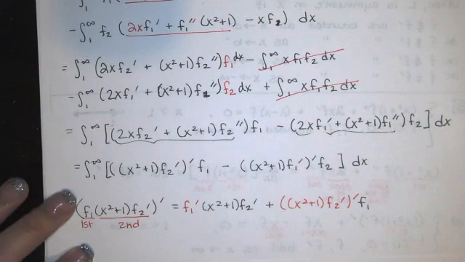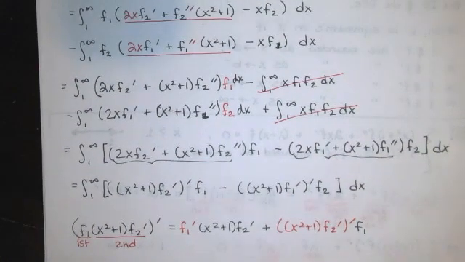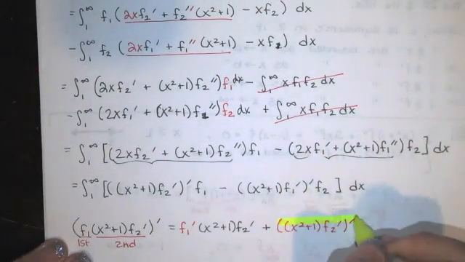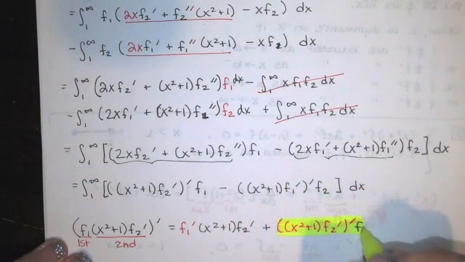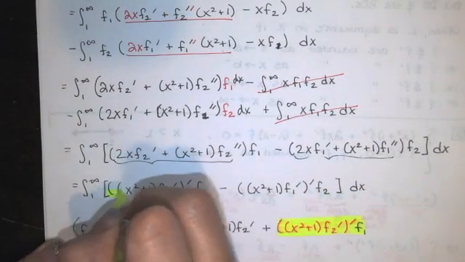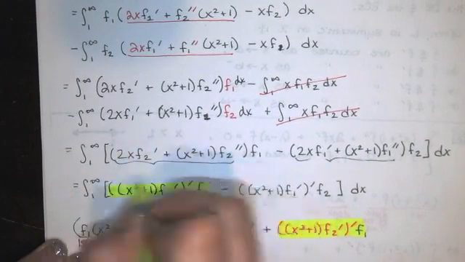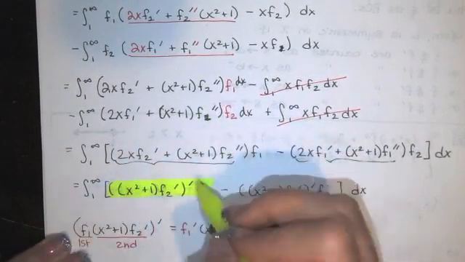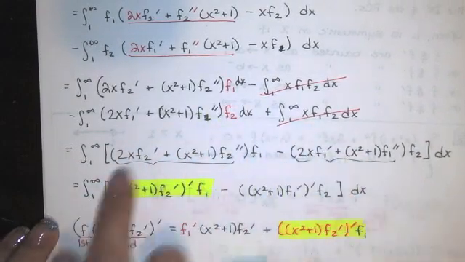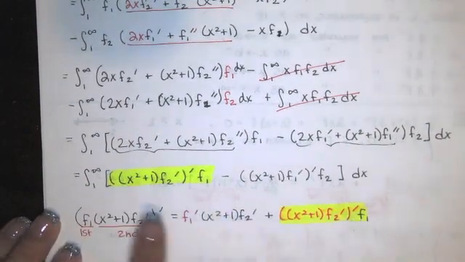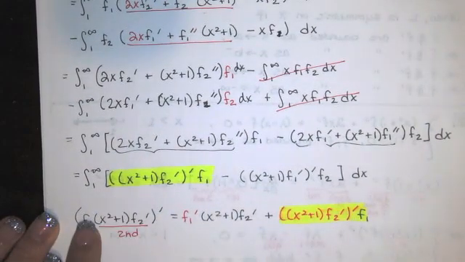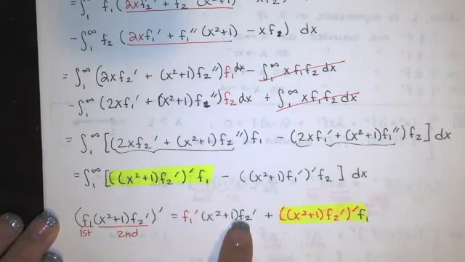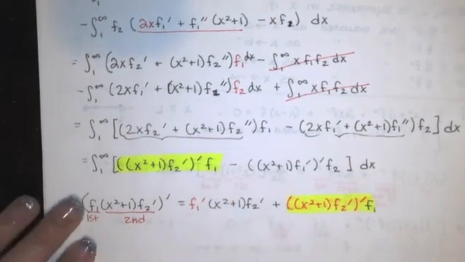Now, this is what we have right here. So if I wanted to, I could take this expression and substitute this product prime minus this. And that's exactly what I'm going to do.